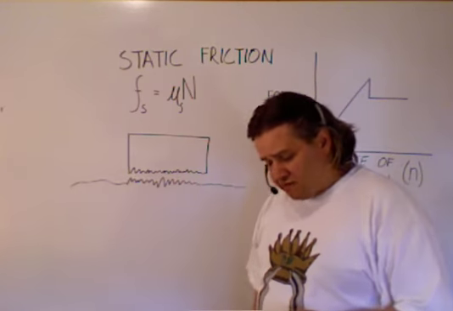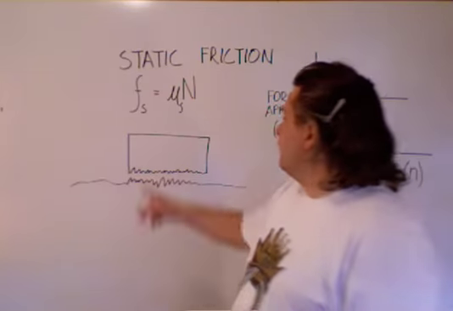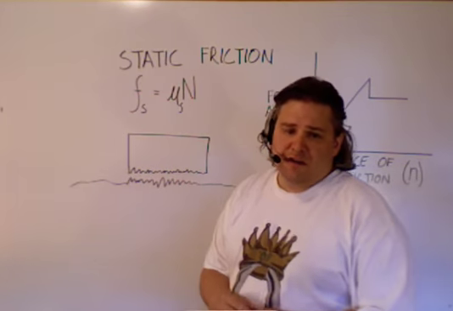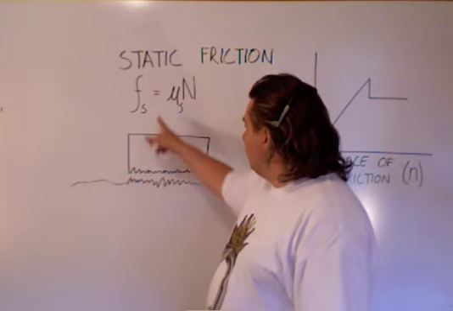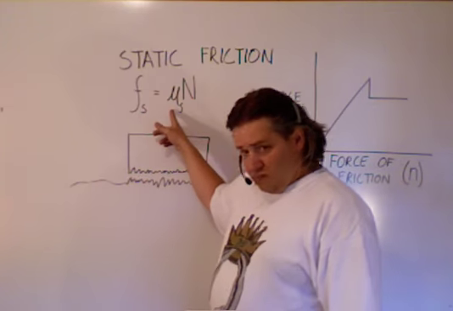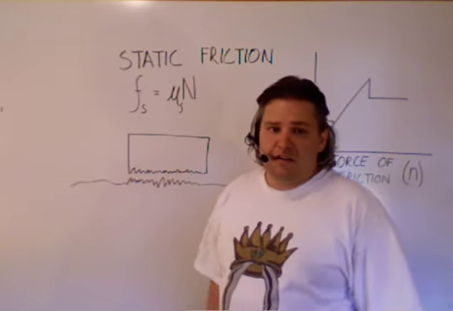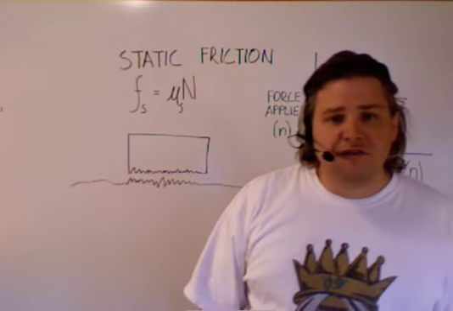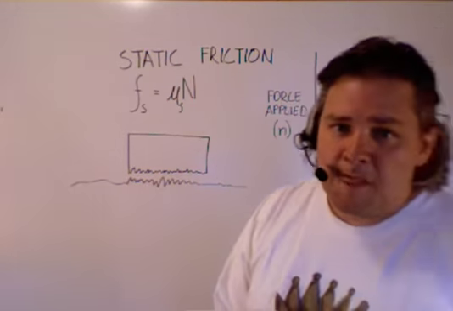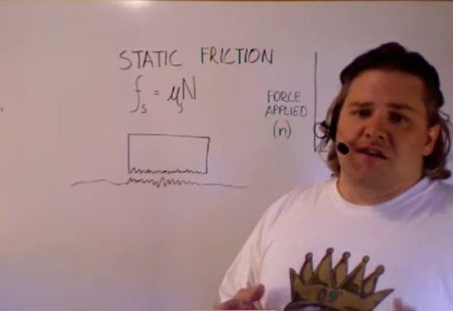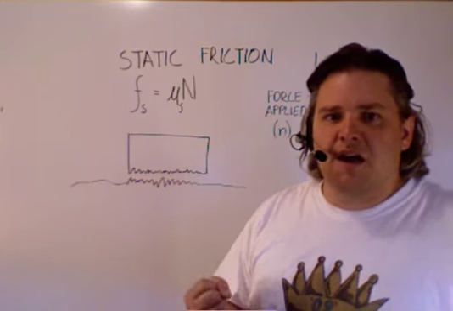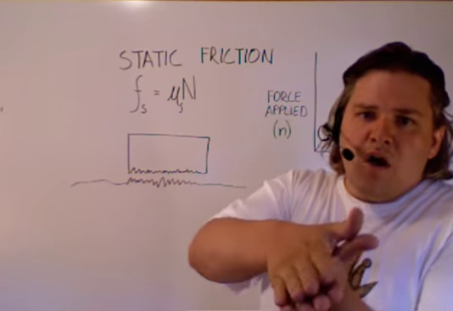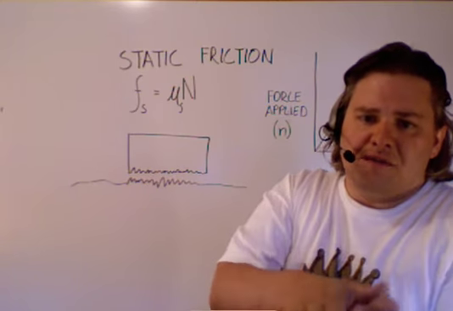The equation for static friction is, this is our expression for friction, f sub s, the s just meaning that it's static, is equal to mu sub s times the normal force. Mu sub s means the coefficient of static friction. That coefficient is telling me, not specifically, but in a way, how well those surfaces are interlocking with each other.